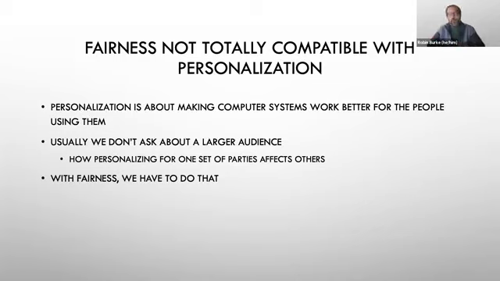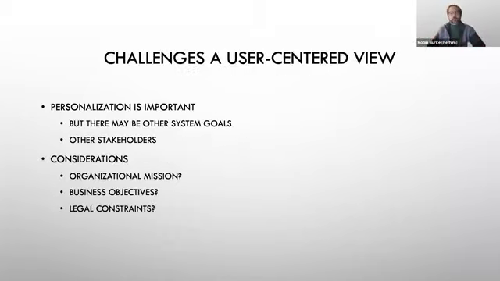So if we think about personalization as making computer systems work better for the individuals, for the end users, we're not looking at a larger audience. And if we are interested in fairness, that's exactly what we have to do, and think about how the results for one individual might affect another individual or another group of individuals.